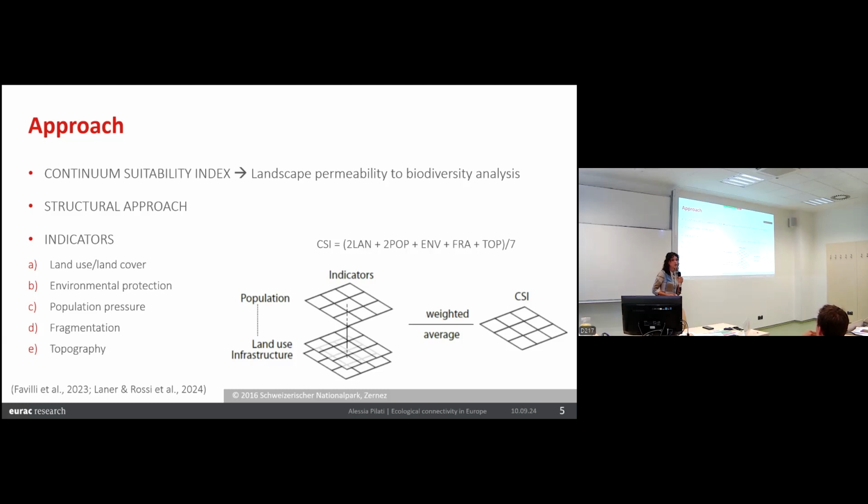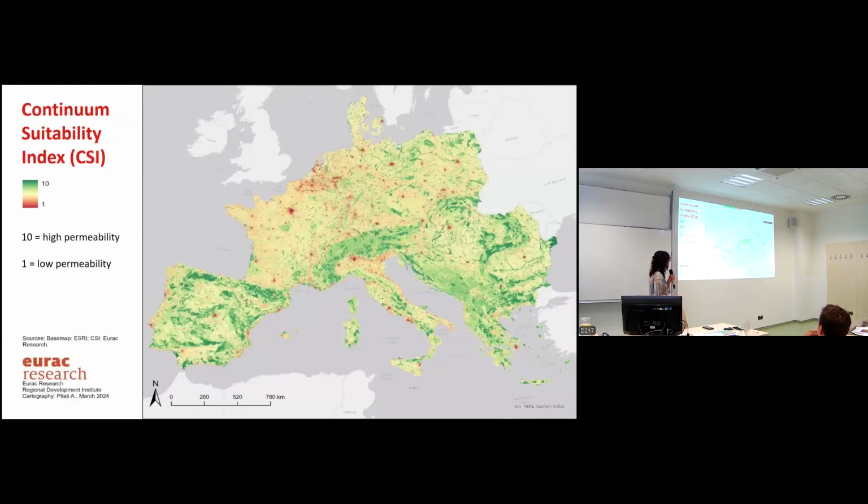And also, I want to clarify that we had to simplify for calculation reasons and take large areas of permeable areas. So some of these green regions had to be cut off, and this is for sure a simplification.